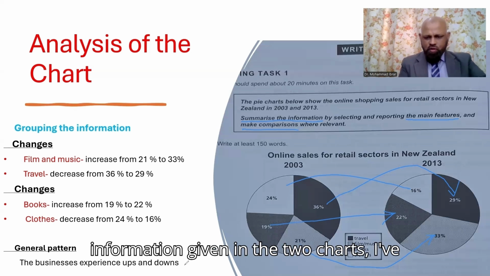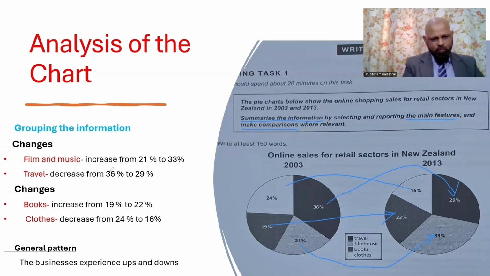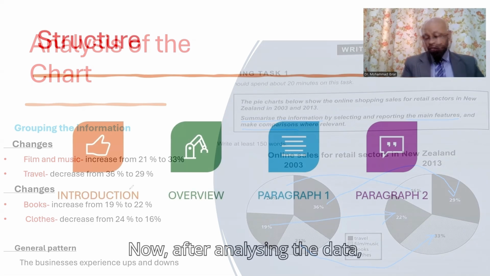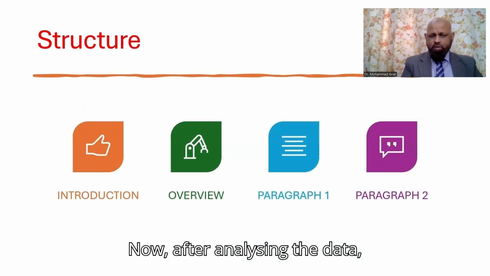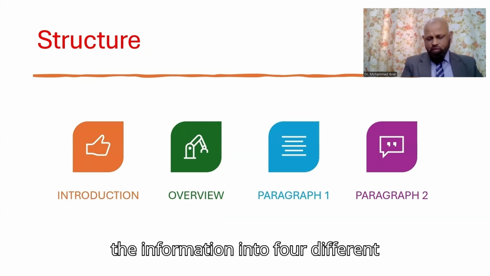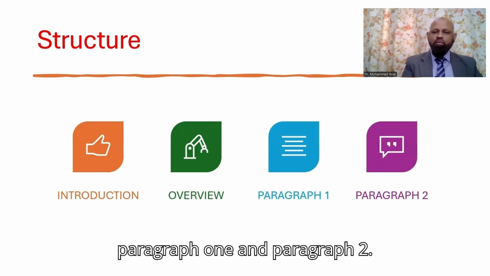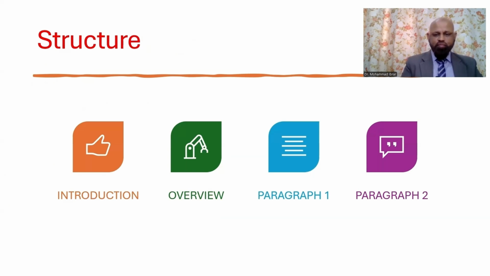Based on the information given in the 2 charts, I've made some notes here on the left. Now, after analyzing the data, we need to structure the information into 4 different paragraphs, such as introduction, overview, paragraph 1, and paragraph 2.